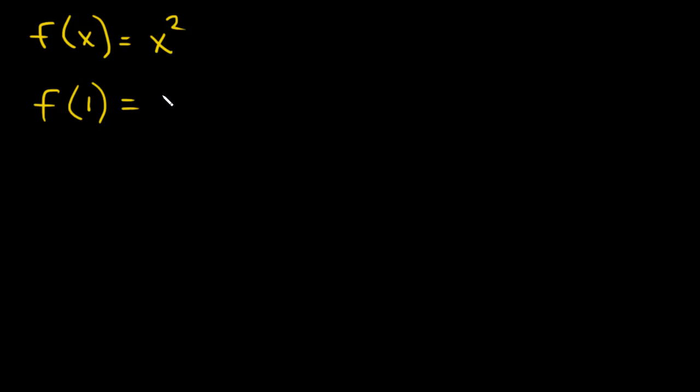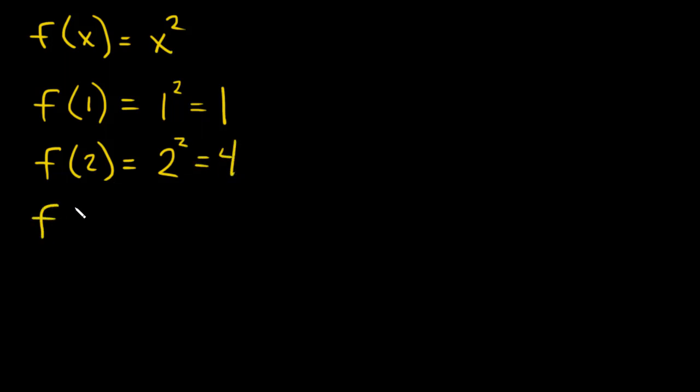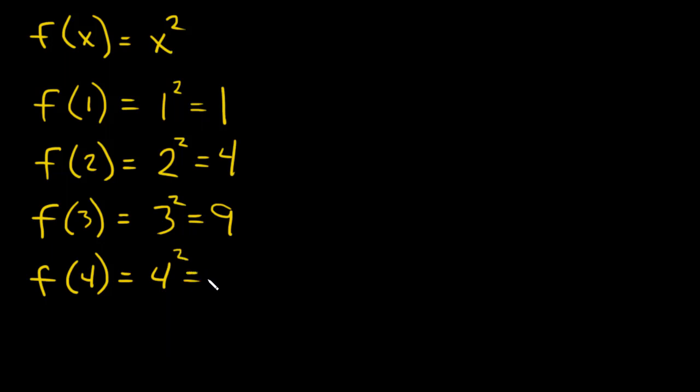Well, that would be 1 squared, which is 1. F of 2 would be 2 squared, which is 4. F of 3 would be 3 squared, which is 9. And f of 4 would be 4 squared, which is 16.